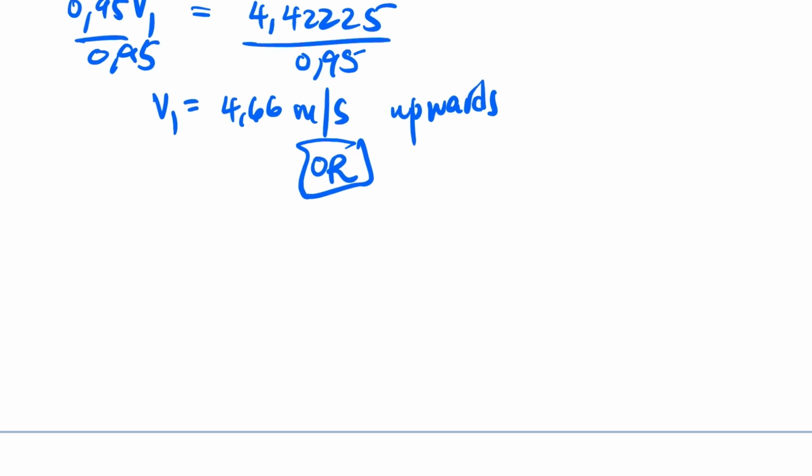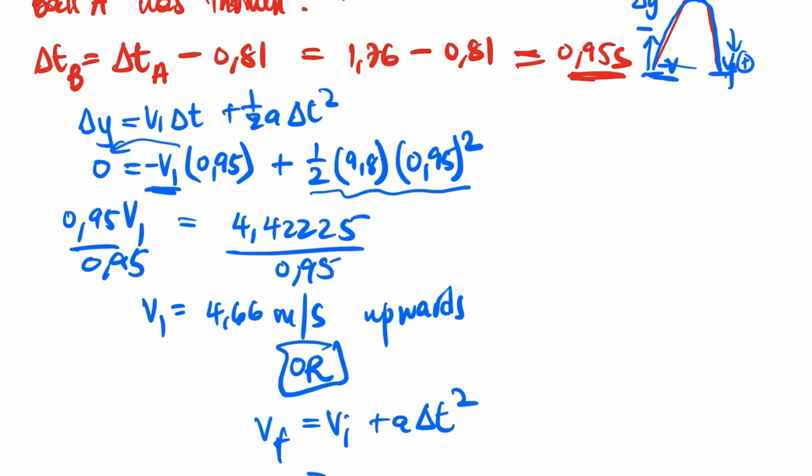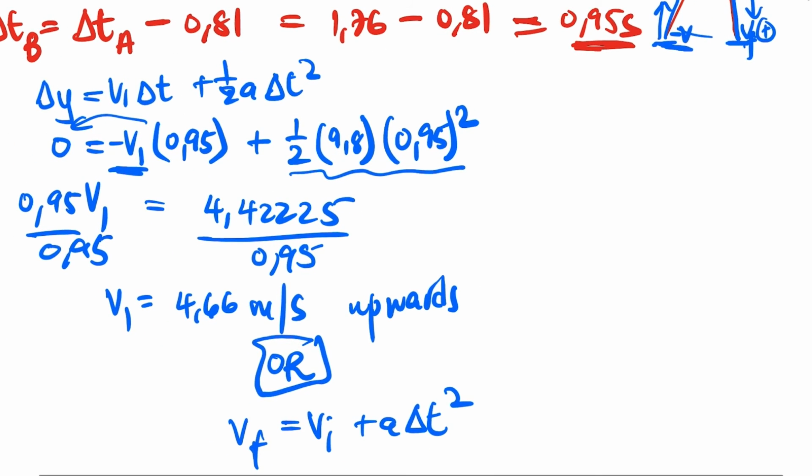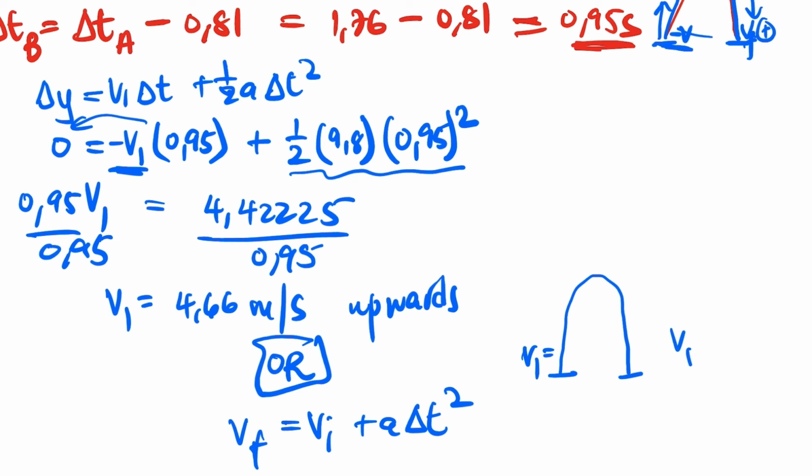we can use the formula that says v final is equal to v initial plus at squared. Since we know that for a ball that returns to the ground, or returns to the starting point, its initial velocity is equivalent to its final velocity, right?